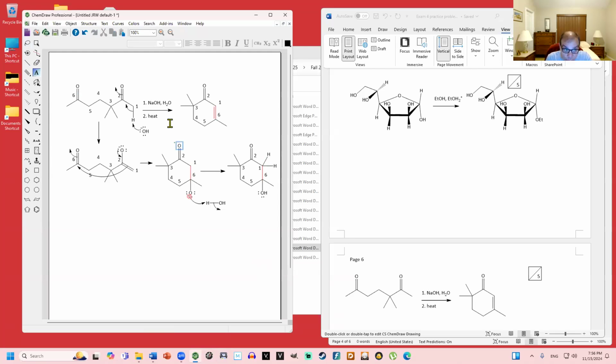Since we're given heat, we know that a dehydration is going to occur, also because we see that double bond in the product. So we'll just use hydroxide again as our base. That's going to pull off one of those alpha protons.